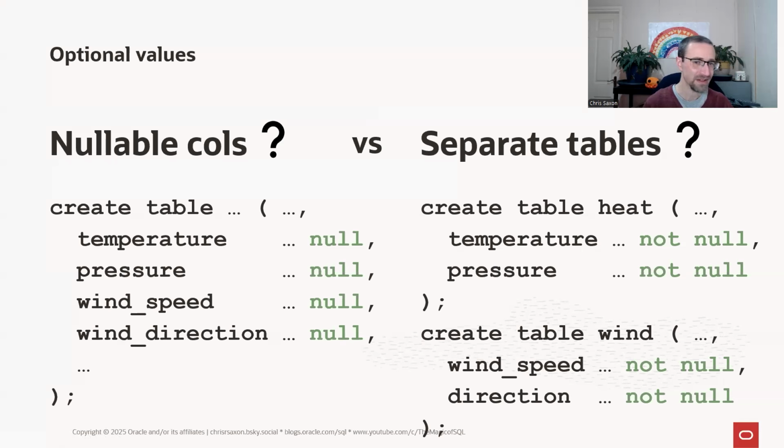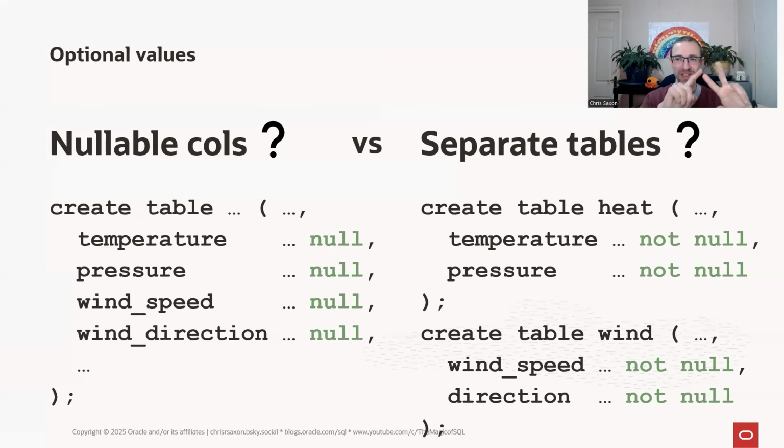Like I say, I'll just recap that, give you a second to digest, think about what I've said, come up with your choices, and decide what we're going to do. We've got three types of sensors: heat sensors, which have temperature, pressure, and humidity; wind sensors, which have wind speed and direction; and rain sensors, which just have rainfall.